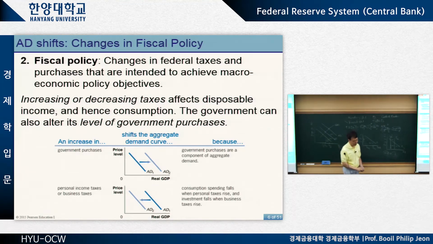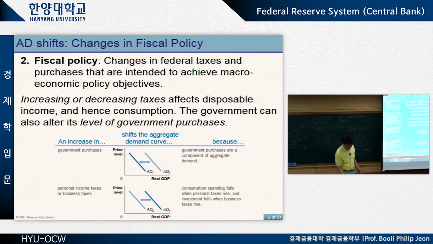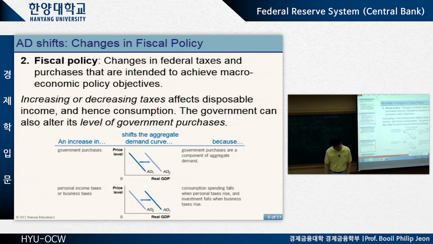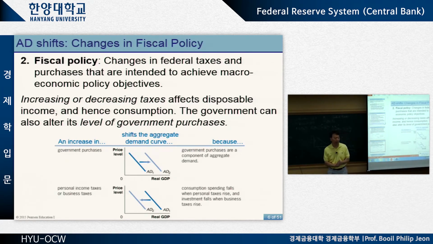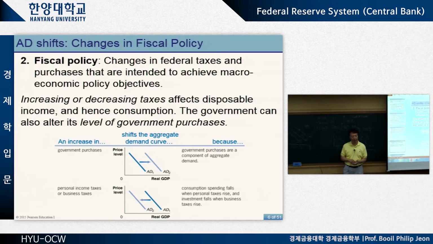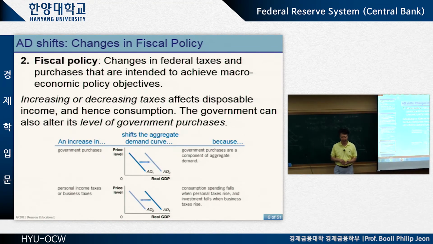So I was going to mention these two policy authorities are supposed to be completely separate, for checks and balance, right? The monetary policy is a responsibility of the central bank. Okay?